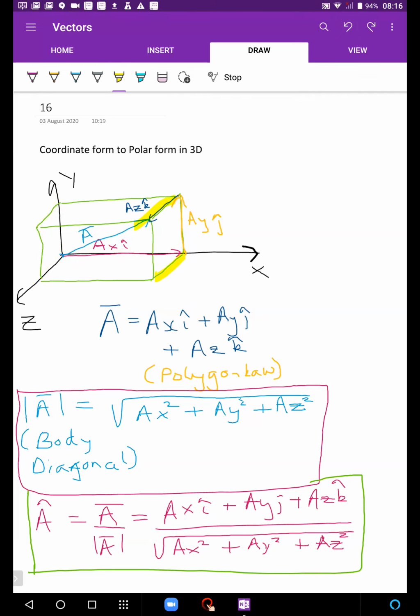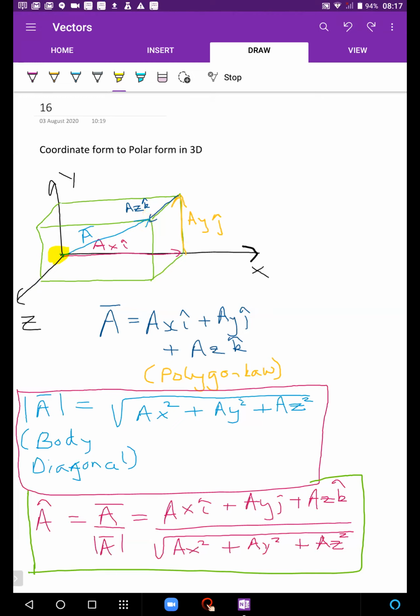I hope you can imagine that. In that cuboid, our resultant is going to be the vector going from this available tail to this available head. My resultant is going to be the body diagonal of that cuboid. So A bar is actually this vector that I've highlighted, and A bar ends up being the body diagonal of this cuboid.